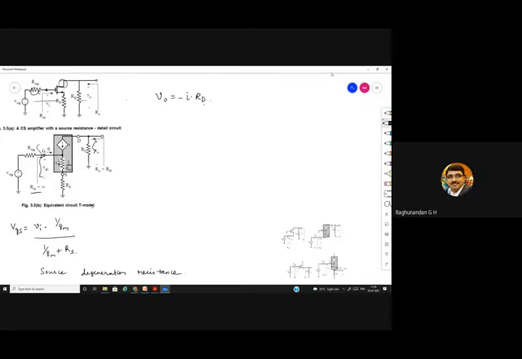And across RD only we are finding the output voltage. That's why V naught is equal to I into RD. Since we are taking the outermost loop in order to find V naught, obviously we need to apply KVL to the outermost circuit, so when you apply that, you'll be getting negative.